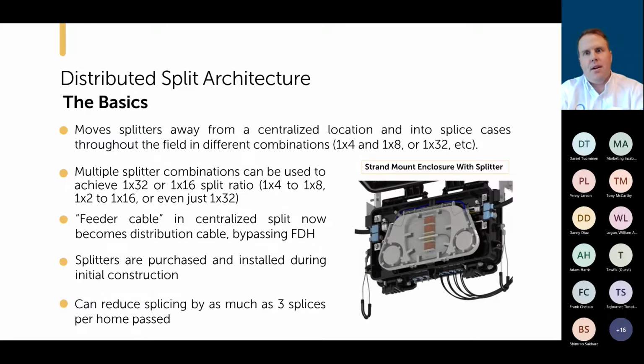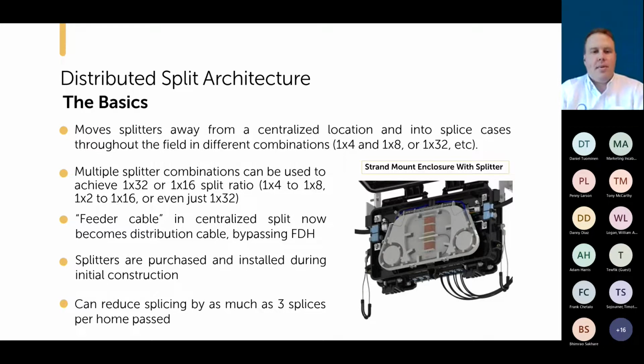So now you can still utilize that same 1x32 splitter, or you can actually use different combinations to achieve the same split ratio. In this case, you could use a 1x4 and a 1x8 splitter and still get your 1x32 split ratio. There's a lot of different ways that you can deploy this, but again, the main thing is you're getting rid of that centralized FTTH location that has all that cost sunk into just that one spot, and we're spreading it out throughout the network.